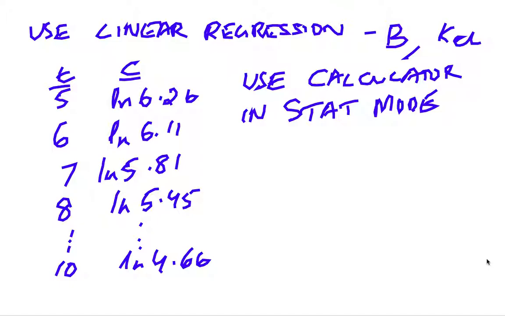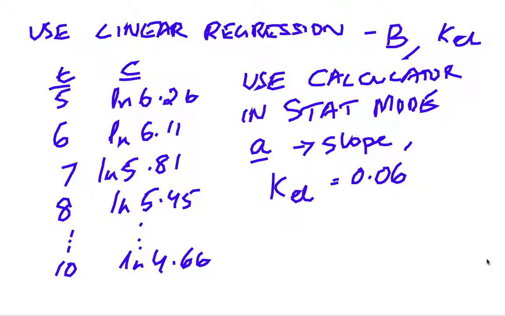to highlight A, which is actually the slope, which is actually KEL, 0.060 per hour. And then you scroll one more, you'll get B, which is the intercept.